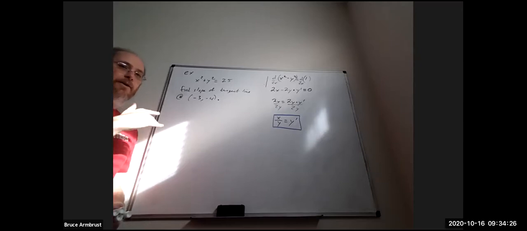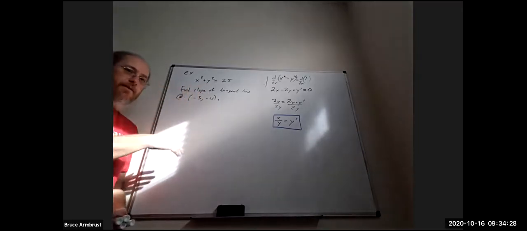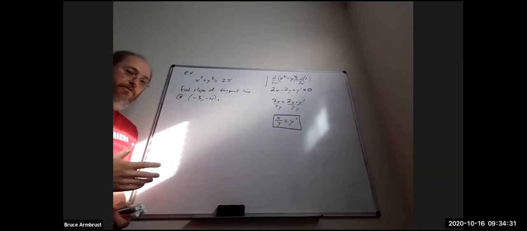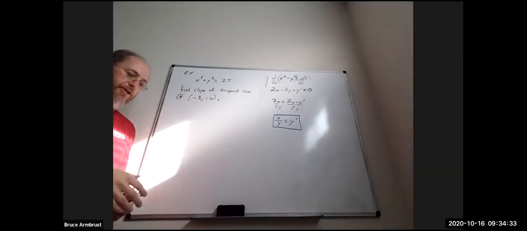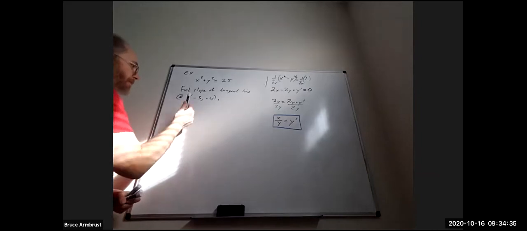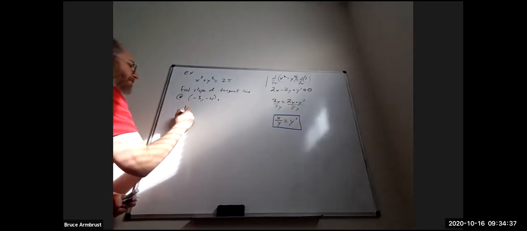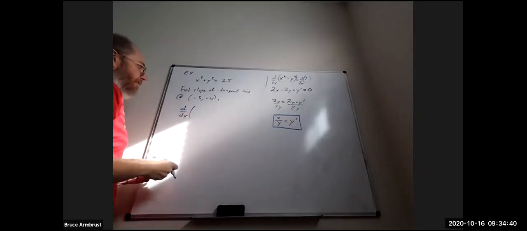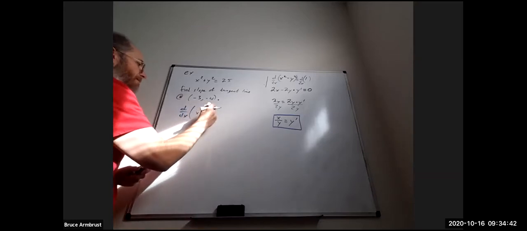I don't want to bother solving this for y and going through the derivatives. Instead, let's use implicit differentiation. So we're going to start like we always do with implicit differentiation, which is to take the derivative of both sides with respect to x.